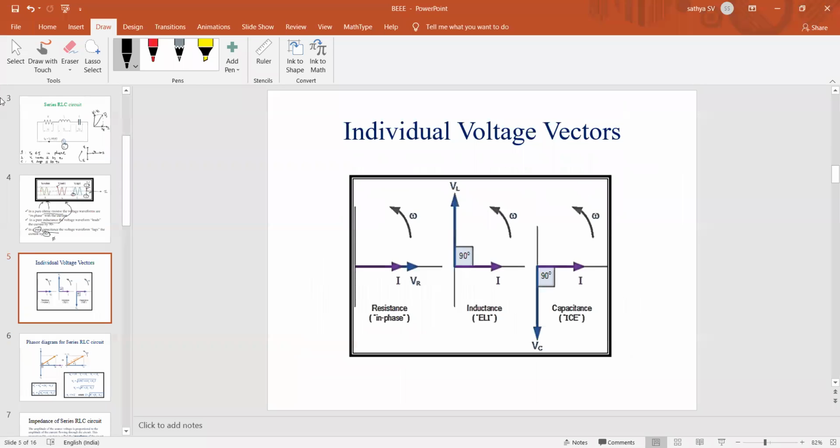Later we will move on to the individual voltage phasors. As per our phasor diagram, for resistance I and V are in phase, for inductance VL leads the current by 90 degrees, and for capacitance VC lags I by 90 degrees. Up to this, does anyone have any doubts on the series RLC circuit?